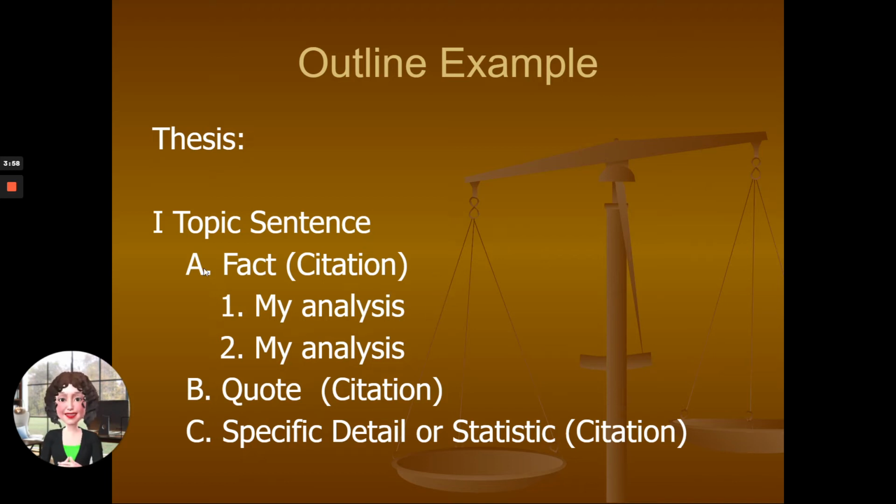You're going to continue like this, making the Roman numeral representative of one body paragraph of your research paper. You can have as many letters and numbers as you see fit, but if you have a point A, you should have a point B. If you have a number 1, you should have a number 2. And after each fact, detail, or quote that is not common knowledge, you should include your citation.